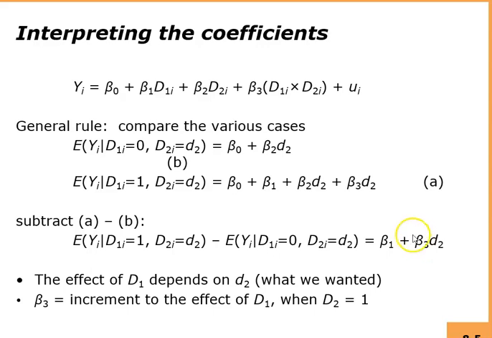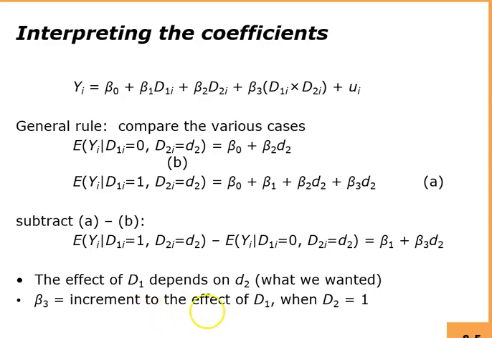So now we can see that because of the existence of d2 over here, the effect of d1 on y depends on d2, and that is what we wanted to incorporate in our regression. When we introduced the interaction term, we wanted to see how different values of d2 will affect the relationship between d1 and y.